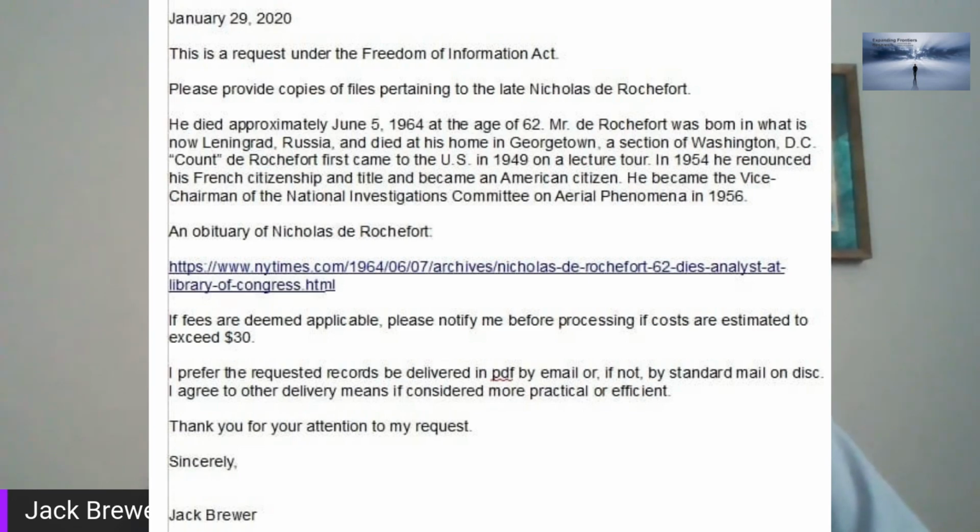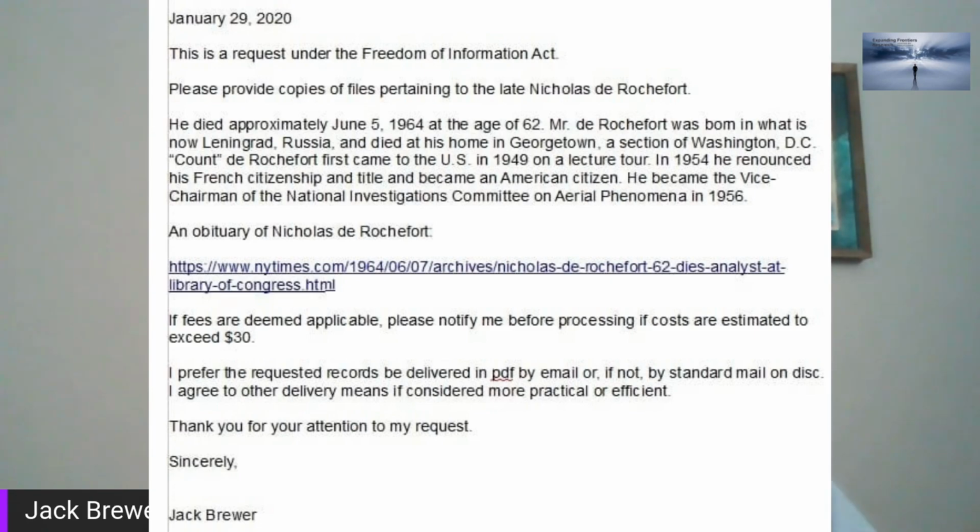I informed them what information I knew about when and where he was born and died. I gave them just a couple sentences more information about what I knew about him. I gave them the link to the obituary and told them about fees and how I hope to receive the information if there was any.